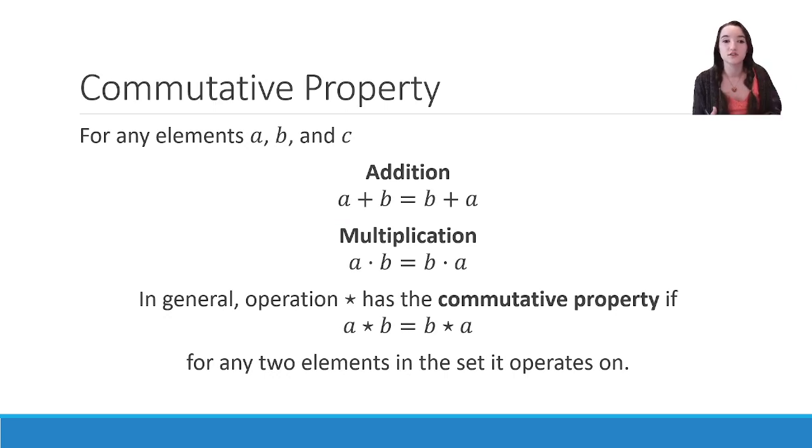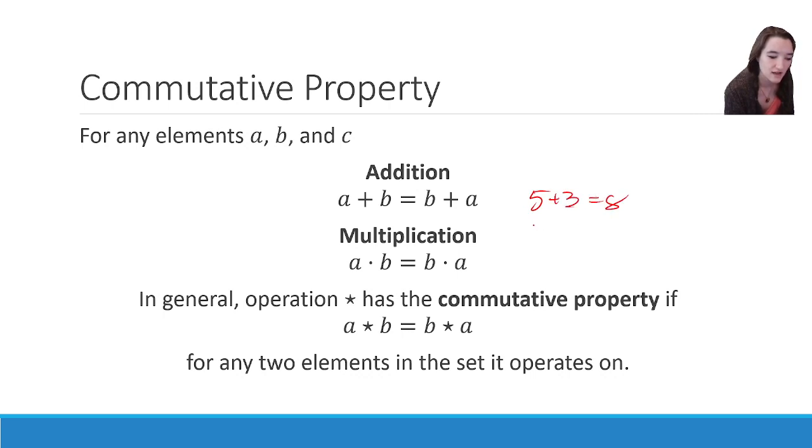Next, we have the commutative property. So addition and multiplication are, again, commutative. This means that A plus B is the same as B plus A, or A times B is the same as B times A, right? If I do 5 plus 3, that's 8, and 3 plus 5 is also 8. Similarly, 5 times 3 is 15, 3 times 5 is 15.